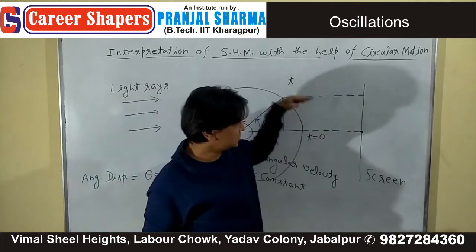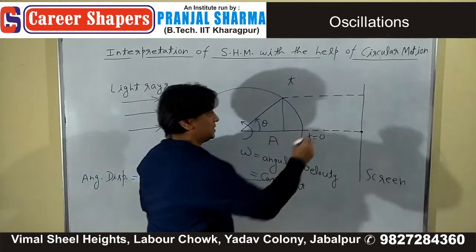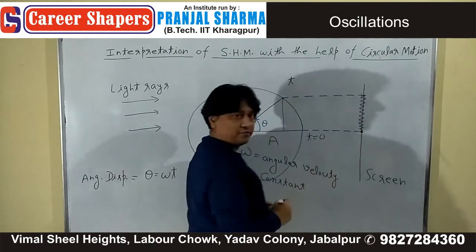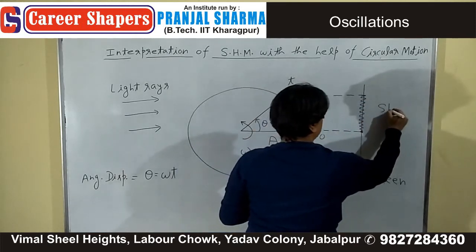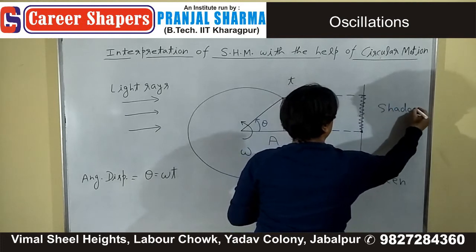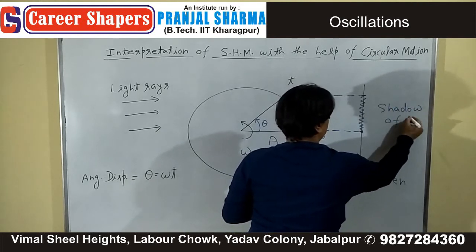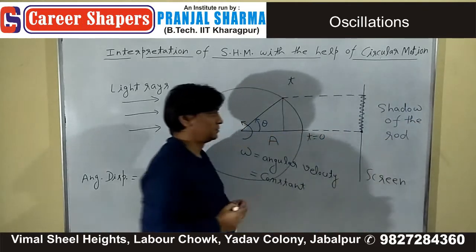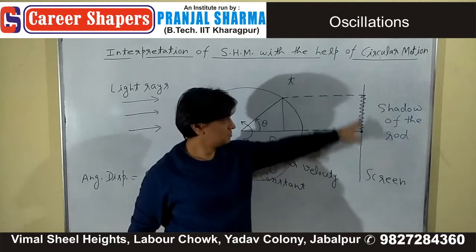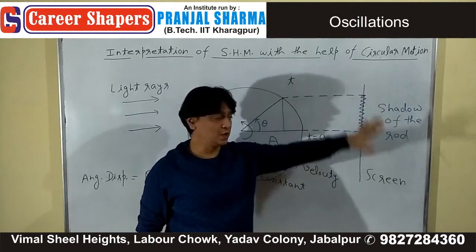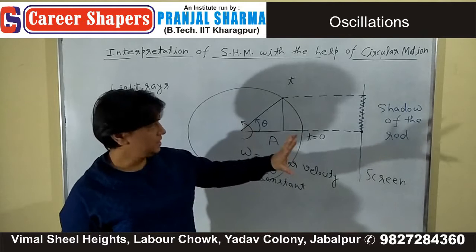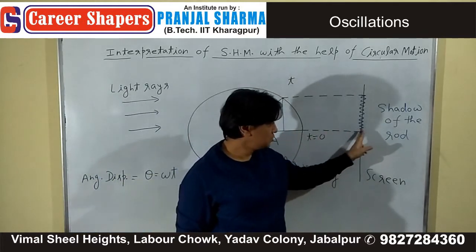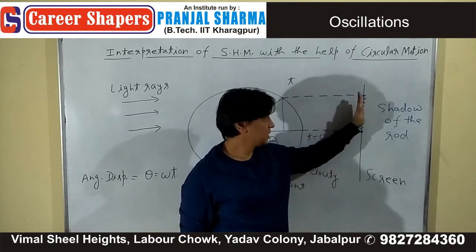If you connect them like this, then this is the shadow of the rod. Which means at time t, the rod is like this, and on the screen you see its shadow.